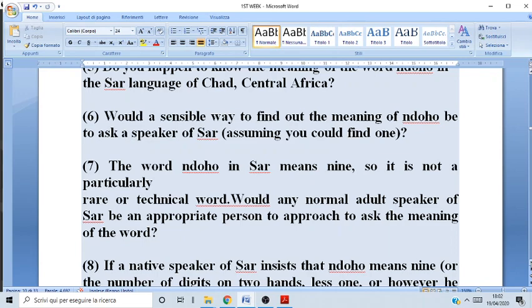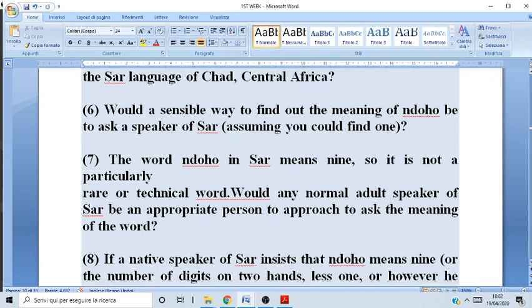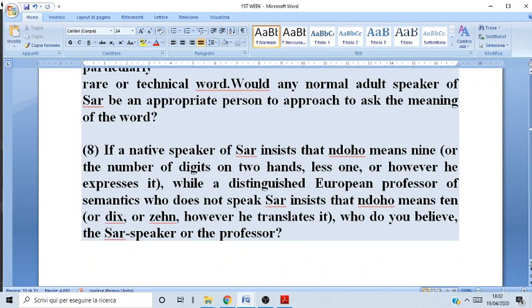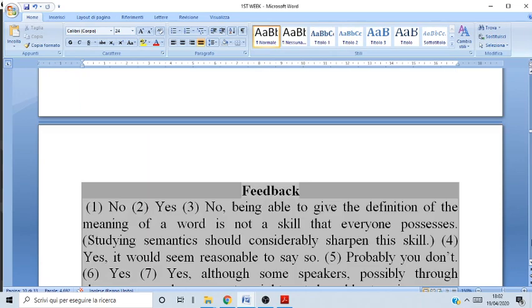We would probably believe a native speaker who says it means 9, rather than a European professor who says that Sar means 10, because the native speaker has more knowledge, or at least is more competent or credible in knowing the meaning of the word.